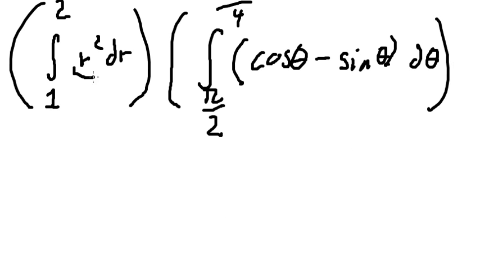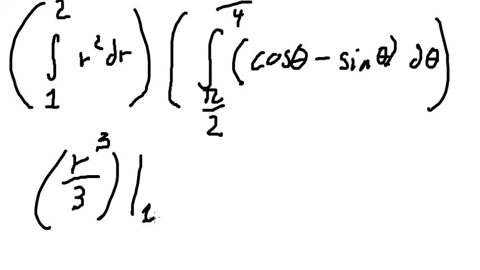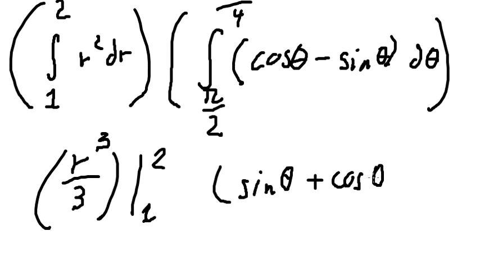The integration of this one is r to the power of 3 over 3, and we put the bounds from 1 to 2. The integration of cosine theta is sine theta. The integration of negative sine theta is cosine theta, and we put the bounds from pi over 2 to 3 pi over 4.